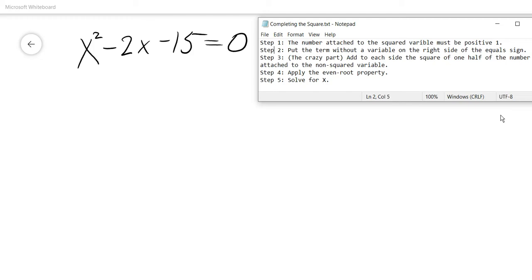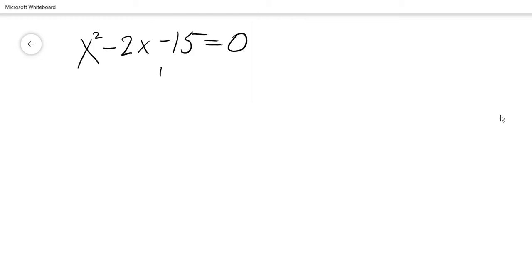Well, this negative 15 is a term without a variable. Let's go ahead and put it over on the right side of the equal sign by breaking the negative that's holding it on the left-hand side by doing the opposite of negative, doing positive. Okay, that is step 2.